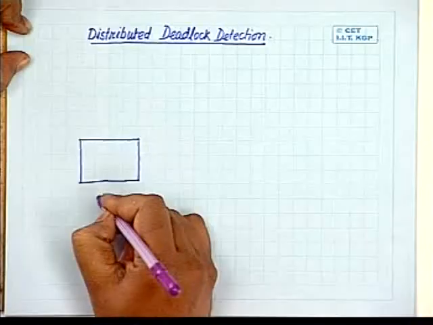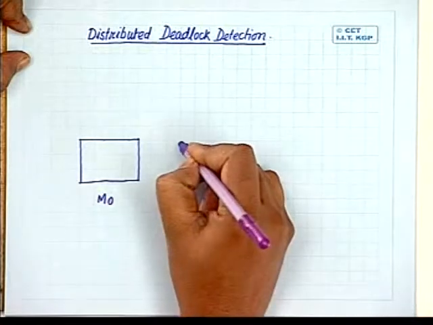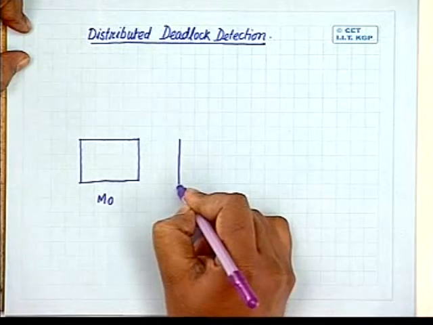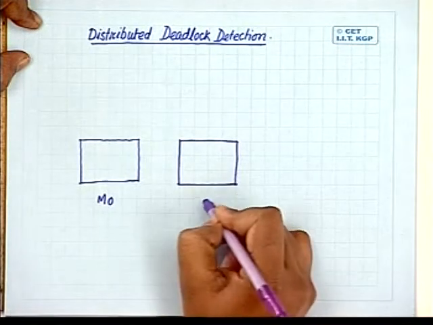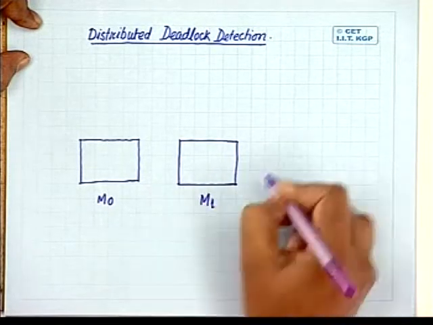We are discussing the problem of distributed deadlock detection, and in the last class we just started with an example. Suppose we have in the distributed system three machines, and we name the machines as M0, M1, and machine M2.